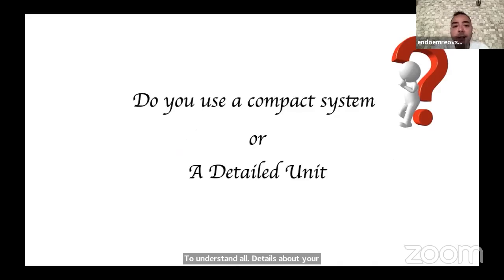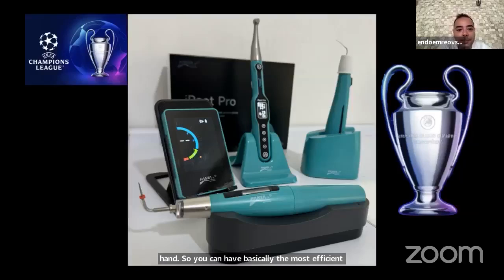When they are connected, they are like your right hand. So you can have basically the most efficient endodontic methods for your therapies. When I first worked on and used the Fantabot system, it was like a Champions League. That's why I always try to make something combining endodontic therapies.